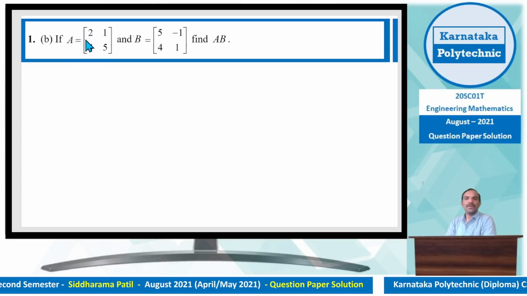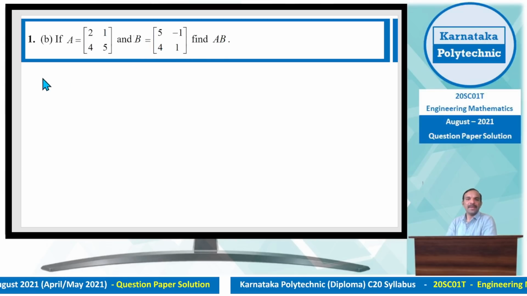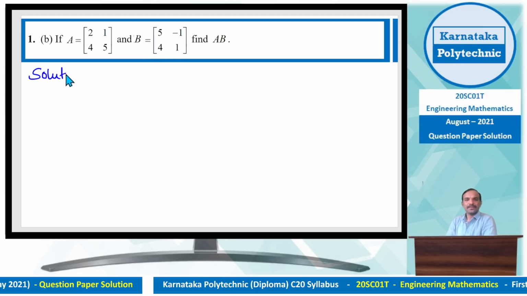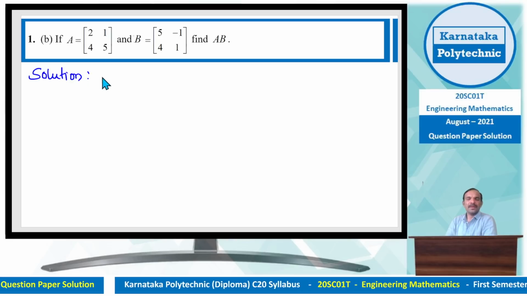If A equals the matrix 2 1 4 5 and B equals the matrix 5 minus 1 4 1, then find AB. Solution. Write down the given matrices.